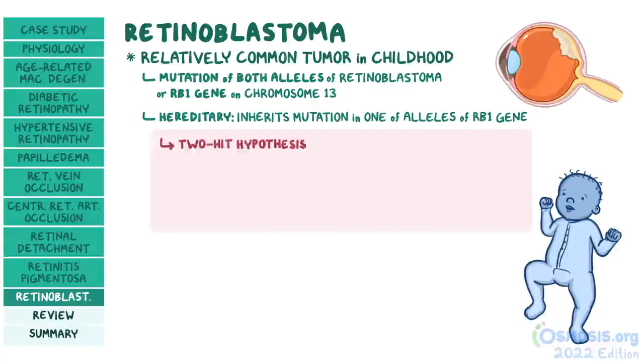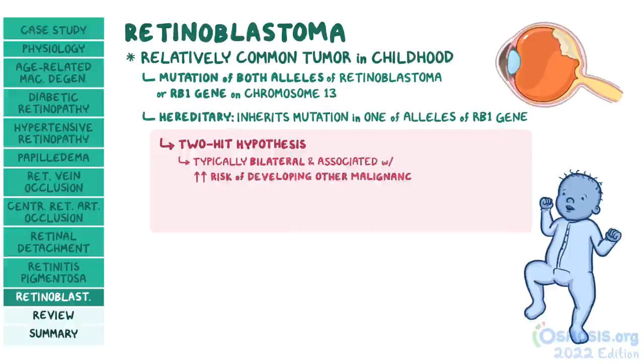For your test, keep in mind that hereditary retinoblastomas are typically bilateral and are associated with an increased risk of developing other malignancies like osteosarcoma, soft tissue sarcoma, and malignant melanoma.